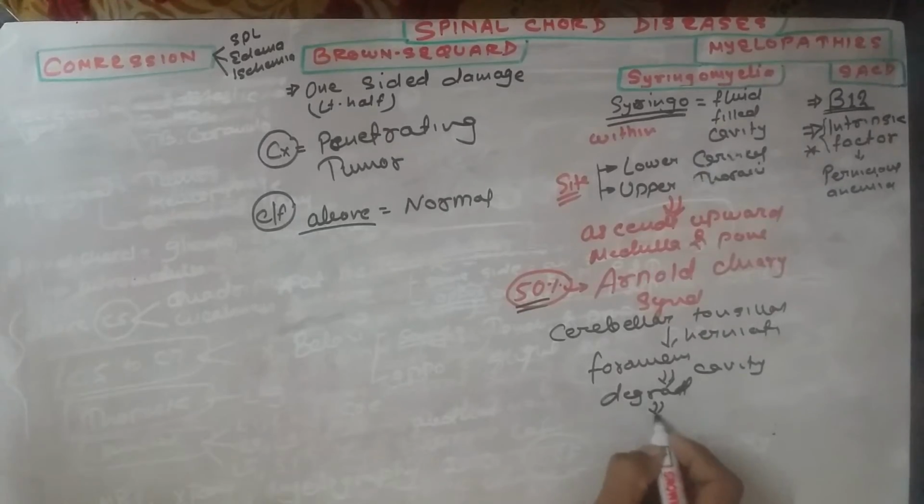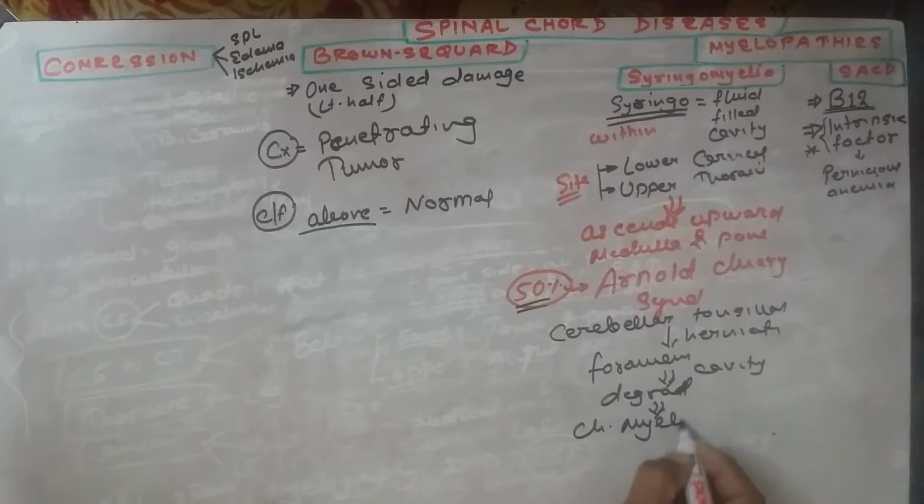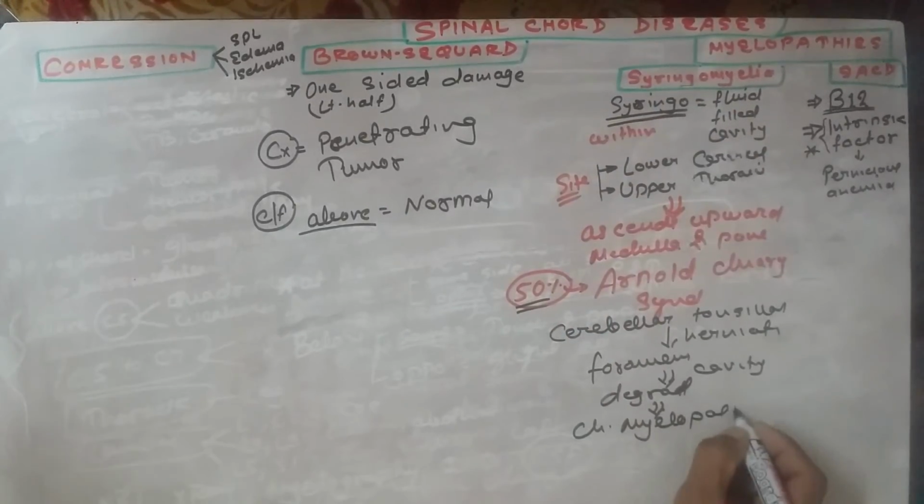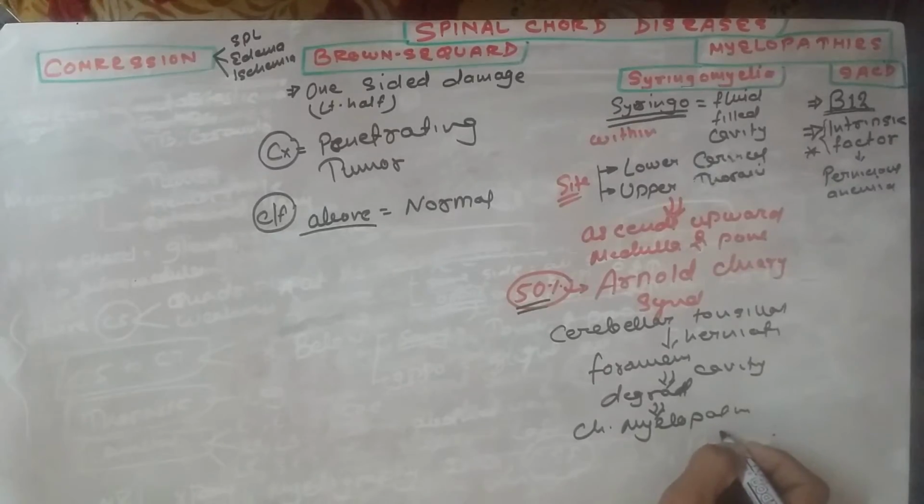This degradation will cause chronic myelopathies. So it is considered a chronic myelopathy, and a classical presentation is central cord syndrome, which is dissociated sensory loss and areflexia, with weakness in the upper limb.